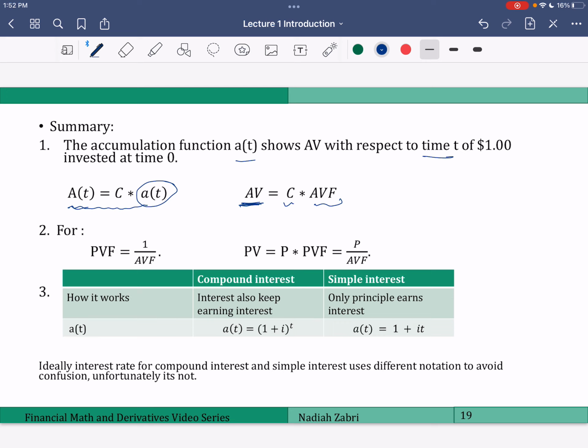The present value factor is equal to 1 over the AVF. To get the present value, we take the payment that we want to achieve times the present value factor, or payment over the accumulated value factor. Compound interest keeps earning interest. Simple interest, only the principal earns interest. And then this is going to be the accumulation function.